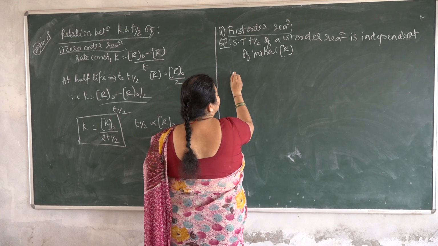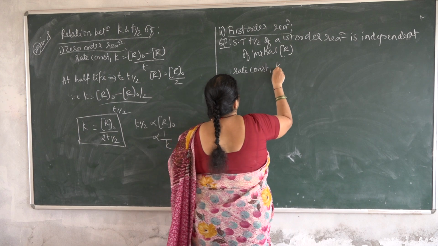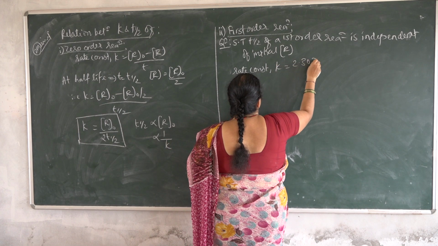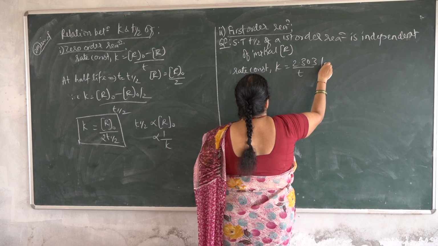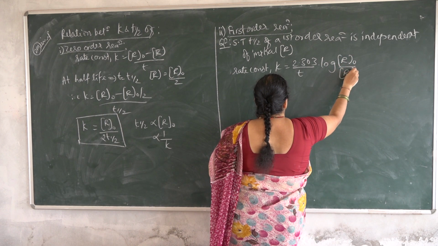For a first order reaction, the rate constant K is given by K = 2.303/t log([R]₀/[R]).